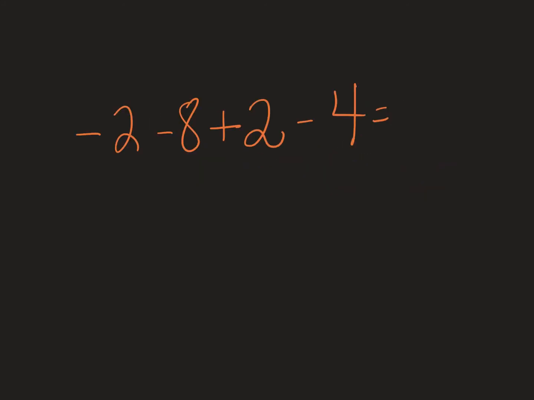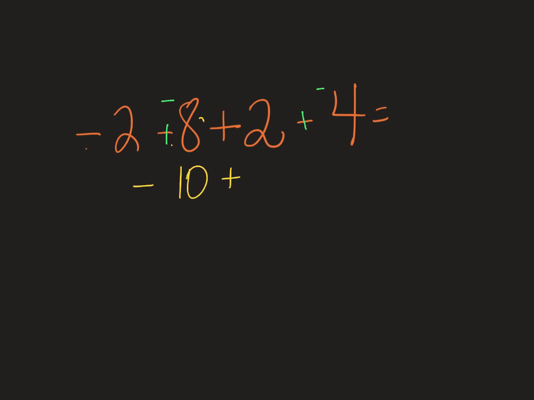Okay, here we go. So negative 2 minus negative 8, which you want to add a line, change the sign. So it was negative 2 minus negative 8, right? Negative 2 plus positive 8... wait, add a line, change the sign: negative 2 plus negative 8. The signs are the same, so you're going to have a negative 10.